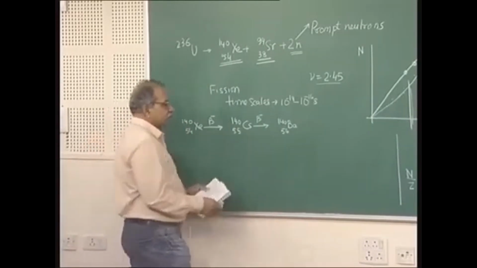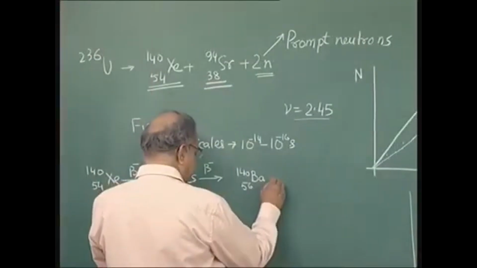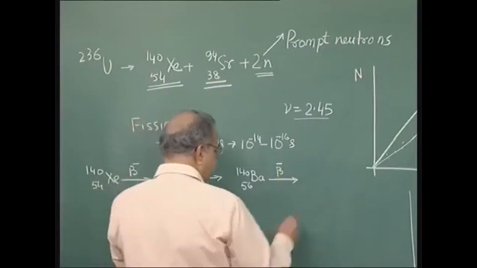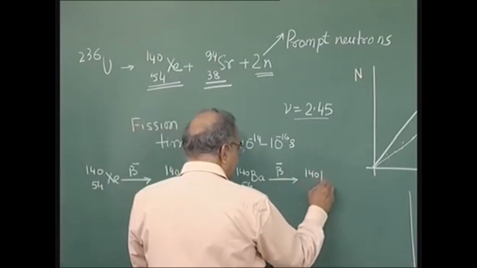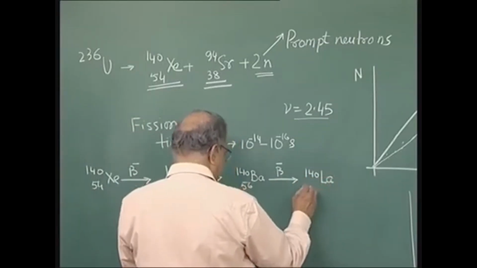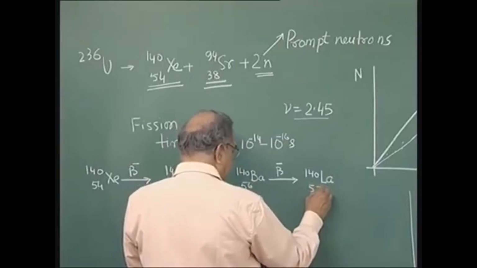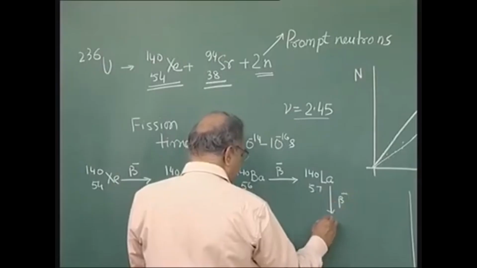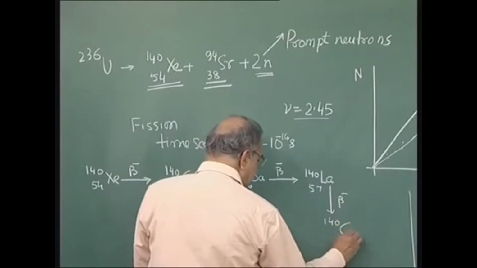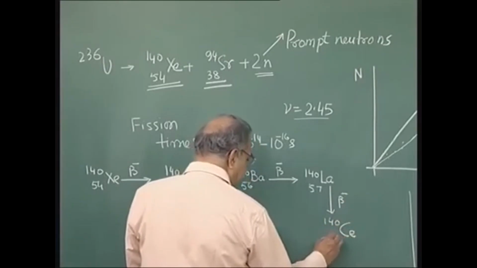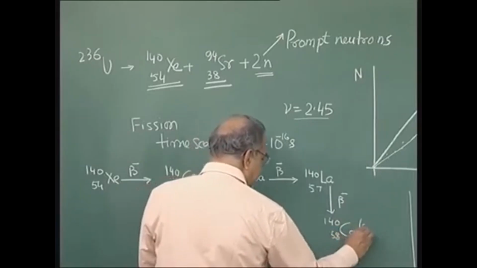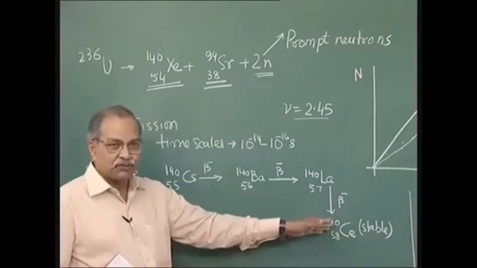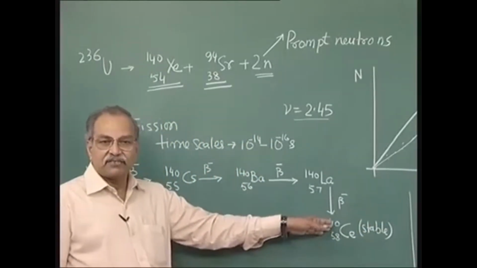So, the total nucleon number is not affected. Then this is also radioactive. So, it beta decays to 140 La, lanthanum 57, and then finally it decays to 140 Ce, 58. This is stable. So, now the N by Z ratio has come to the valley of stability.